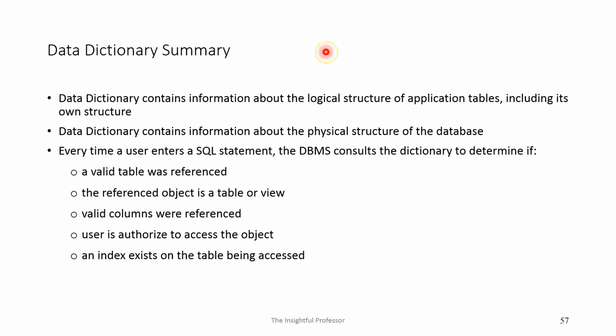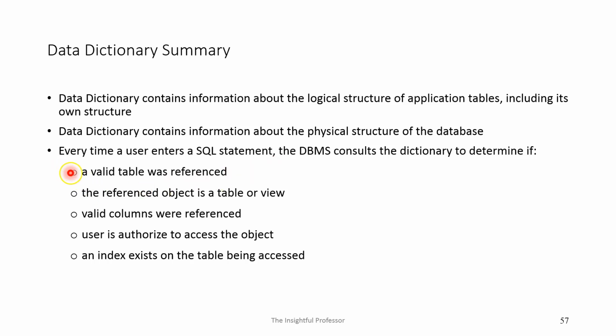So a summary of the data dictionary. We say that the data dictionary contains information about the logical structure of application tables, including its own structure. It's self-describing. The data dictionary contains information about the physical structure of the database. And every time a user performs an operation in the database by executing a SQL statement, the data dictionary has to be consulted.